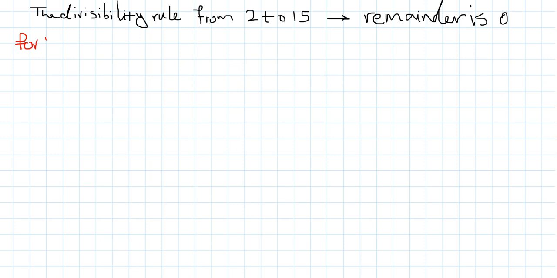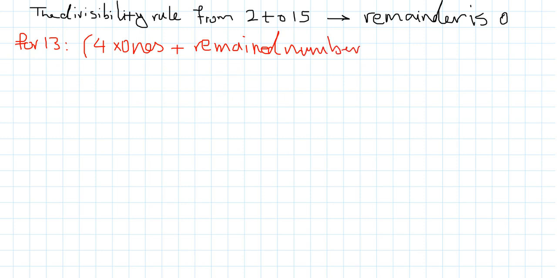For a number like 413, we use this formula: 4 times the ones place value, plus the remaining number from my first number.